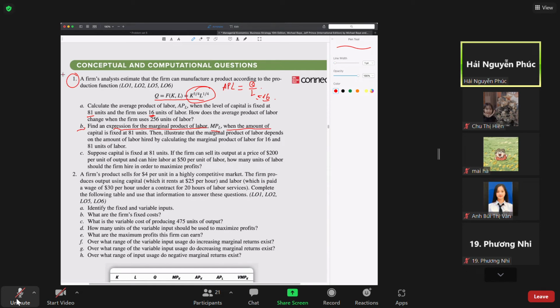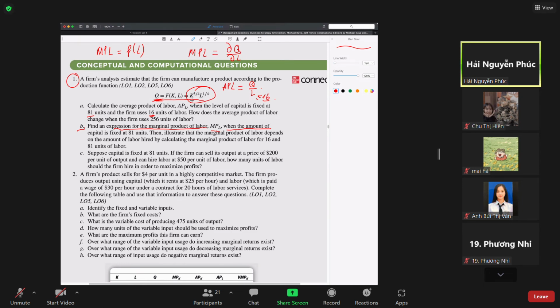It actually means that we have to write down the marginal product of labor as a function of L, given the fact that MPL is the derivative of the quantity with respect to L, right? The derivative of Q with respect to L.